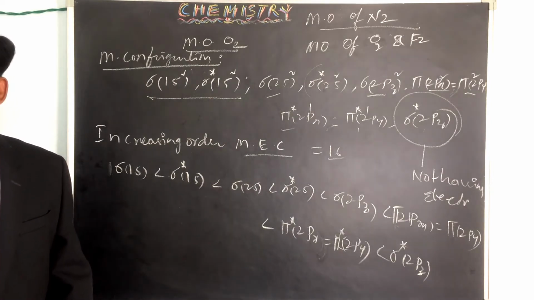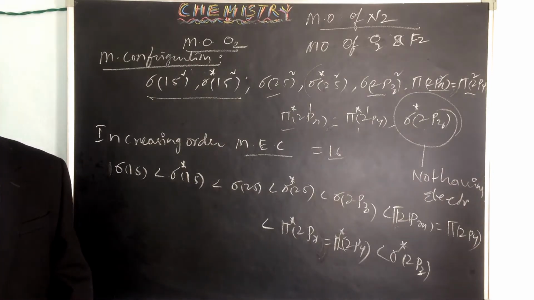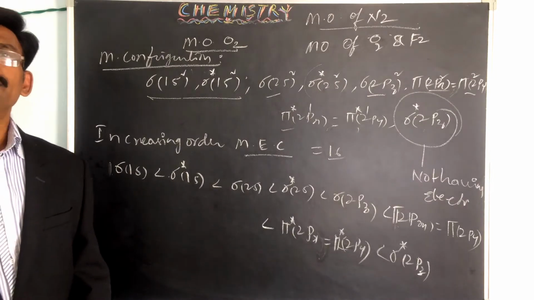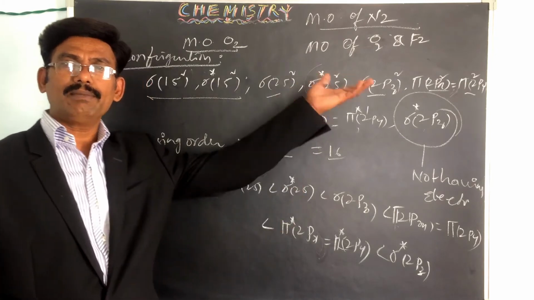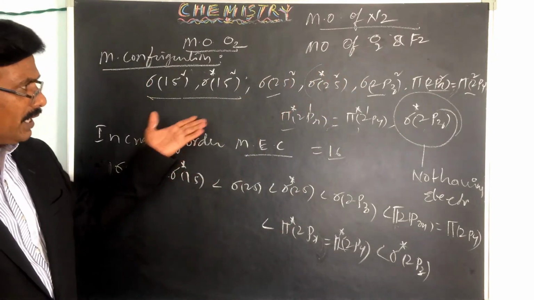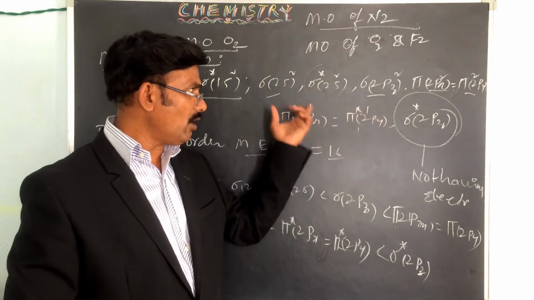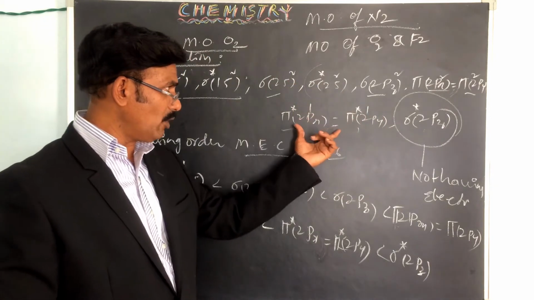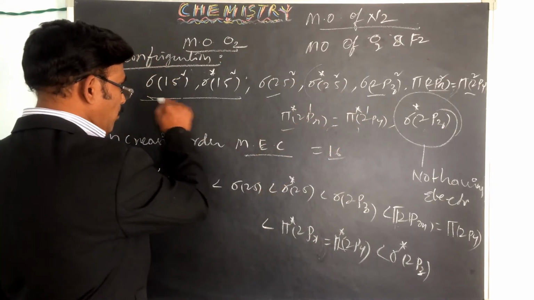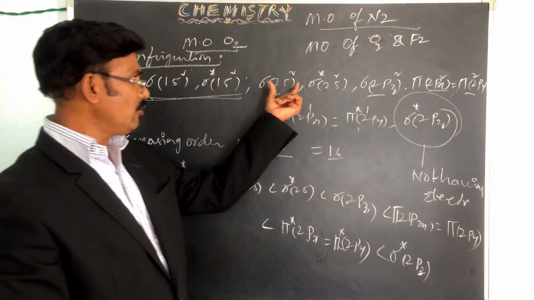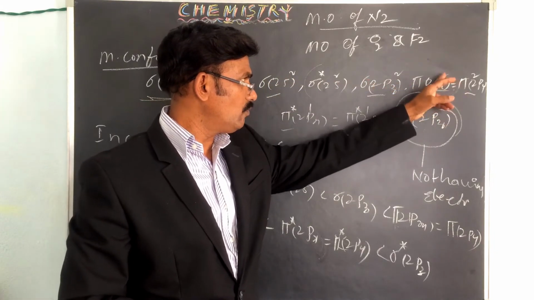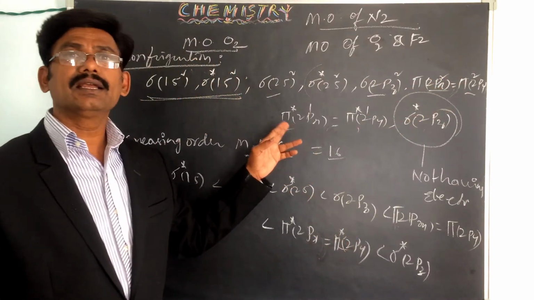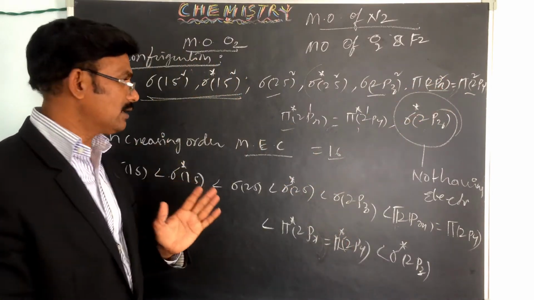Okay. So what is the bond order and magnetic property? We know the bond order formula is Nb minus Na, divided by 2. So the number of bonding electrons, how many are there? Here you count 2, 2, 4, 4, 4, which is 8. 8 bonding electrons.